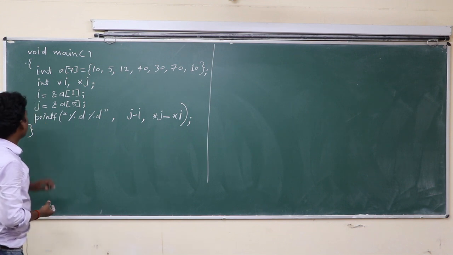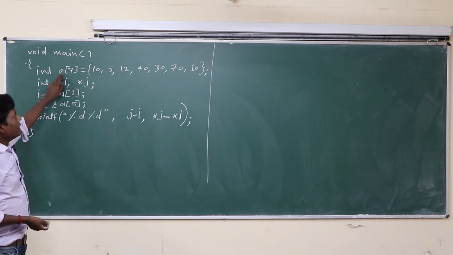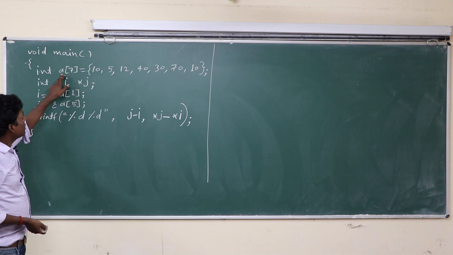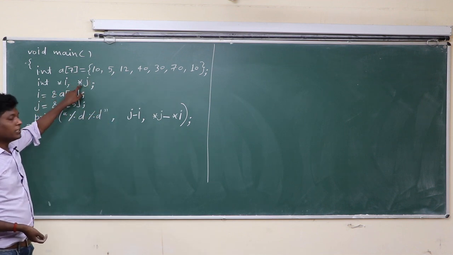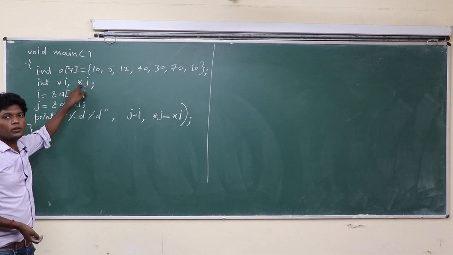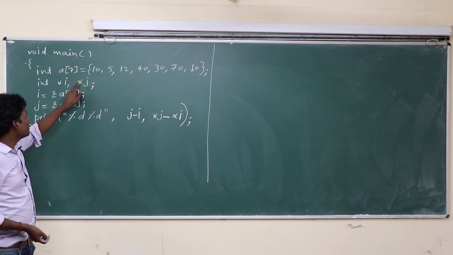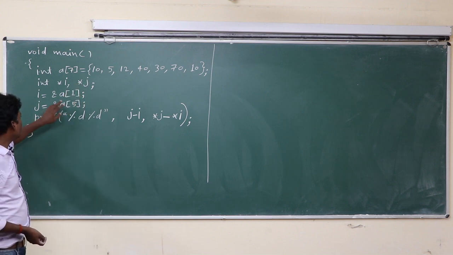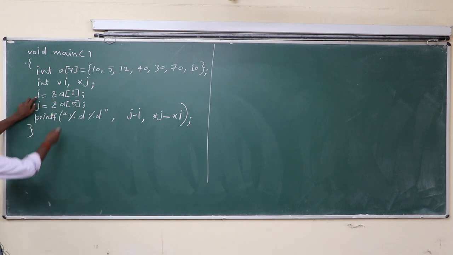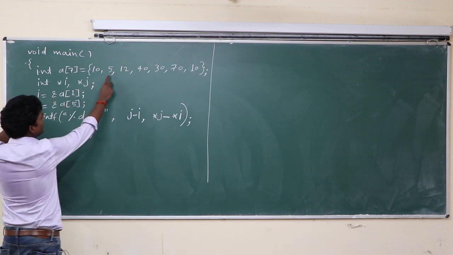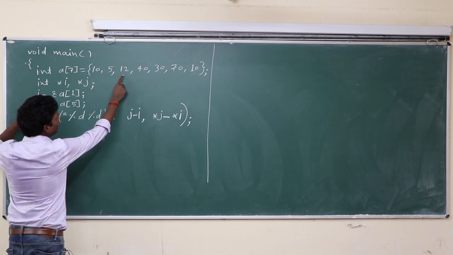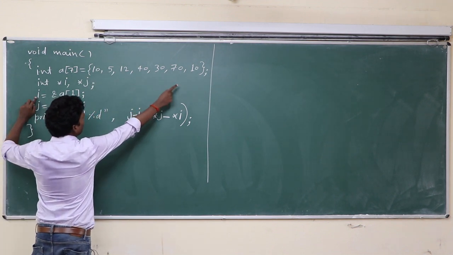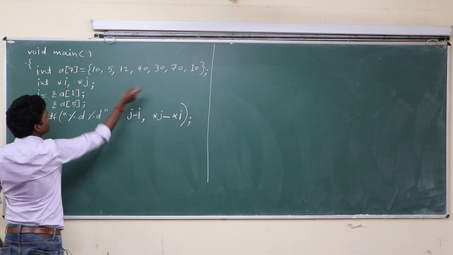Okay class, here A is an integer array that has 7 elements. I and j are 2 integer pointers. I has the address a of 1. Basically class, this is a of 0, this is a of 1, this is a of 2. In this way we go up to a of 6.